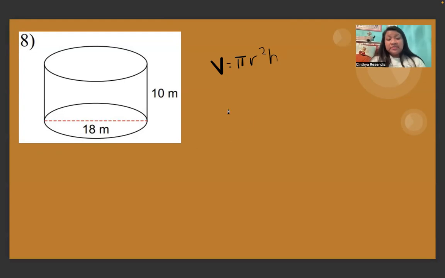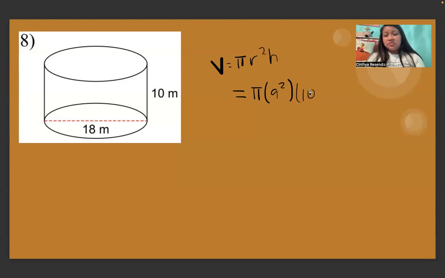We know the half of 18 is 9. So we would just plug it in. So we get pi, the radius is 9, so it'll be 9 squared times height. In this one, the height is 10. So we would just plug in the 10. We don't have to divide it by 2 because the height really doesn't matter.